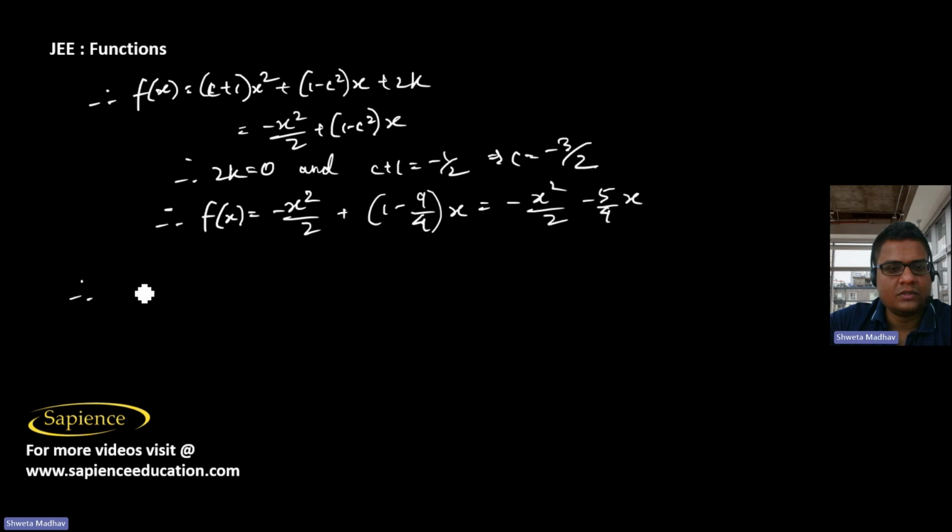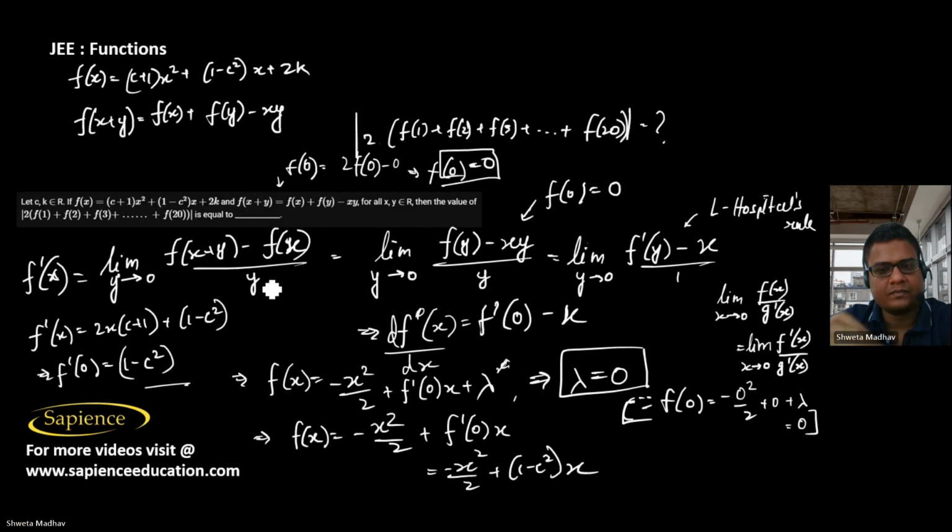Now we need to find summation f of n, where n goes from 1 to 20, and twice of that, then its mod we have to find. So we can write it as summation f of n, n goes from 1 to 20, into 2, and mod of that.